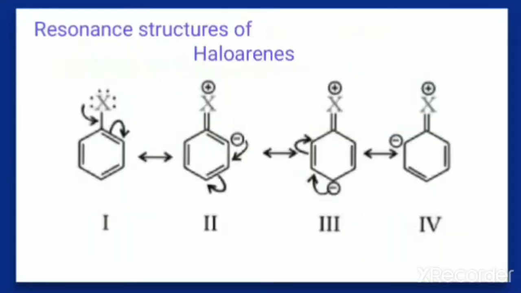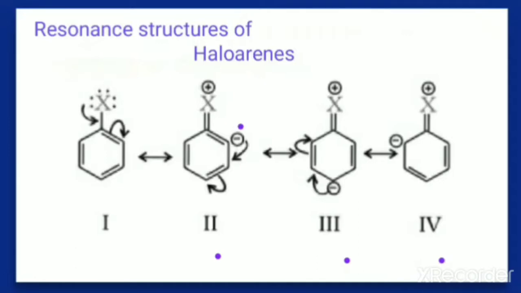Thus, the ortho and para directing effect of the halogen atom can be better understood if we consider the resonating structures of haloarenes. Here, X represents the halogen group. Let it be chloro, then it is called chlorobenzene. So these are the resonating structures as we discussed in the previous year, that is the second, third and fourth structures. When you observe these structures, you can find that there is a negative charge.